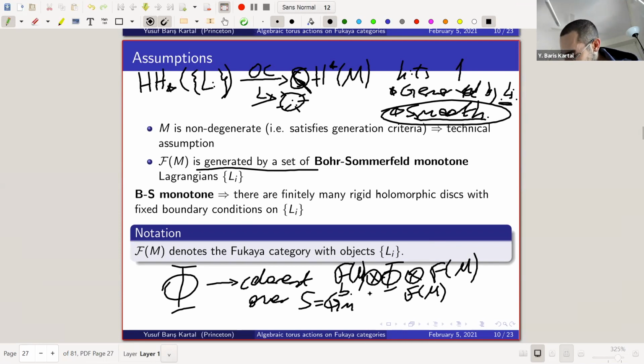This is the same as phi itself, and you can use the resolution of the diagonal to actually show that this thing can be written as a complex of perfect modules.